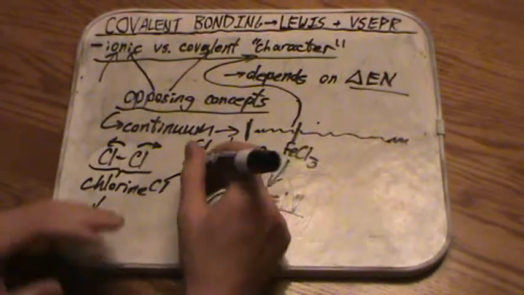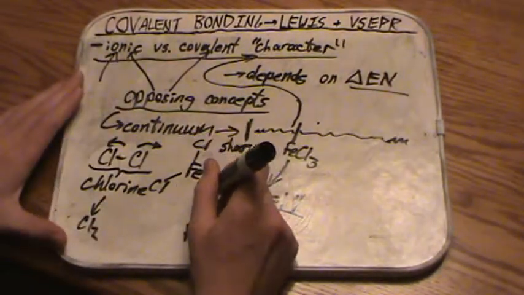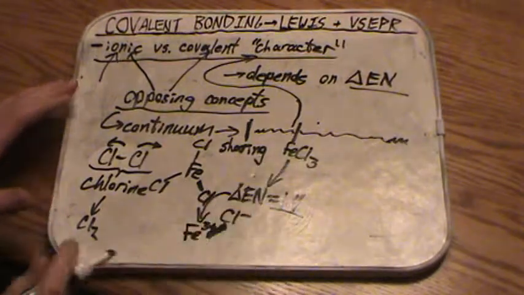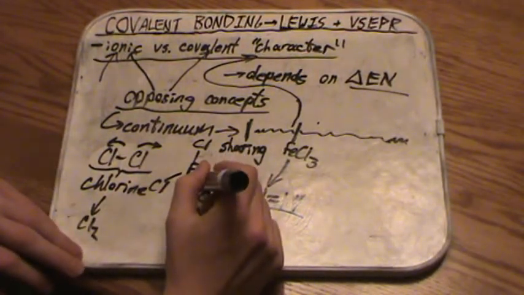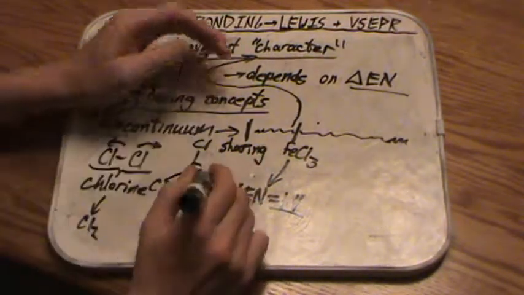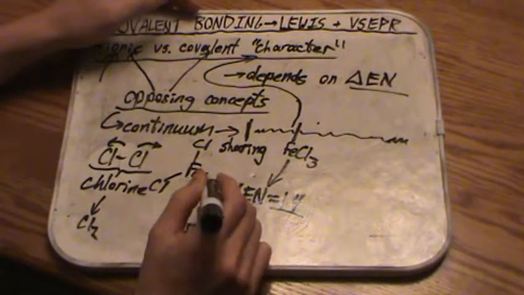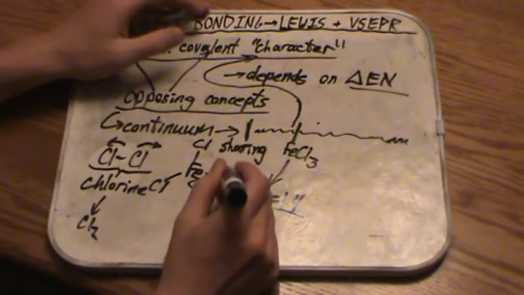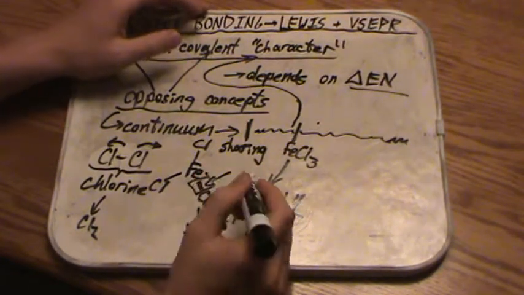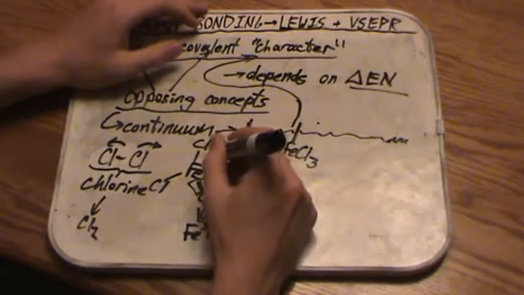But if we look at FeCl3 as this structure in a sort of covalent structure, and we were looking at the bonds, what we would call these areas of electron density, then what we would see is that these bonded pairs of electrons in the molecular orbital are much closer to the chlorine.